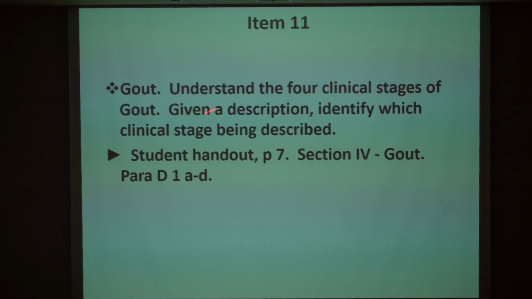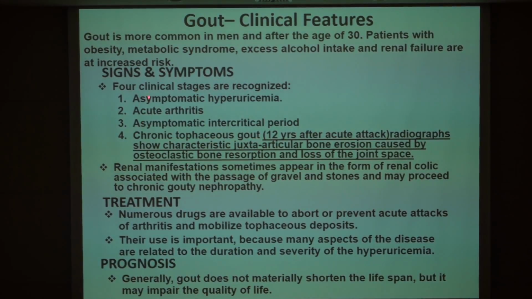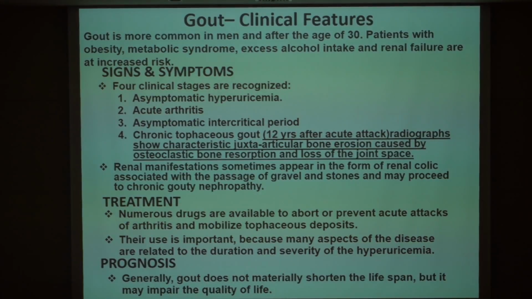Item 11, gout. You have to understand the 4 clinical stages of gout, and given the description, identify the clinical stage. In your notes, I describe in detail these 4 clinical stages of gout. We talk about asymptomatic hyperuricemia, which appears after puberty, and many, especially males, will present with a high uric acid.